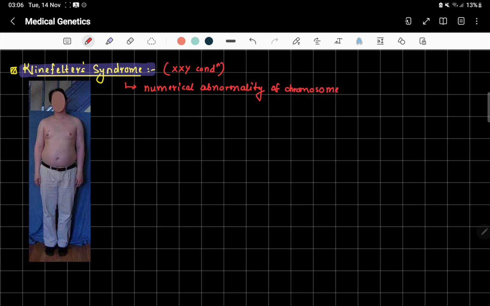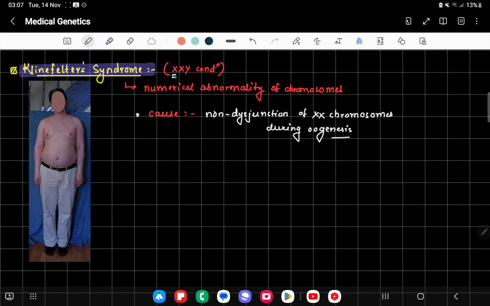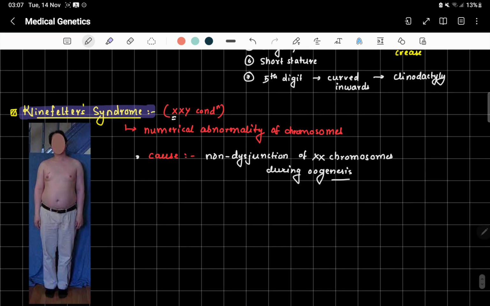The cause is due to non-disjunction of XX chromosomes during oogenesis, due to which an extra X is able to stick to this.